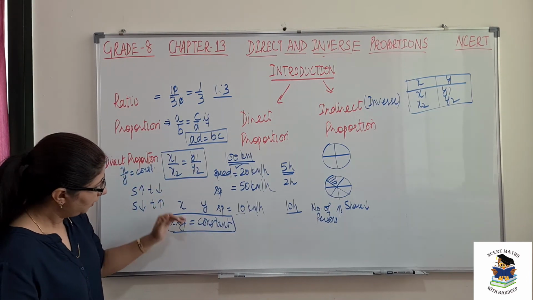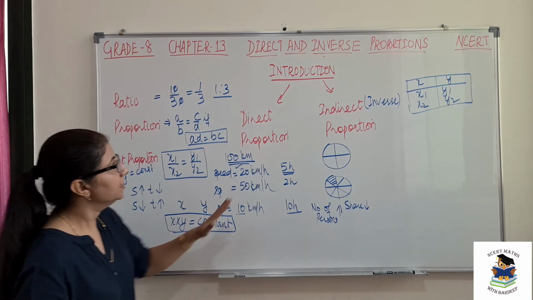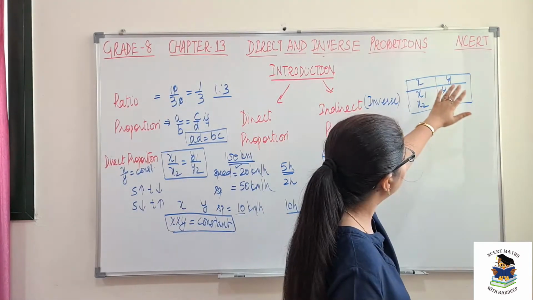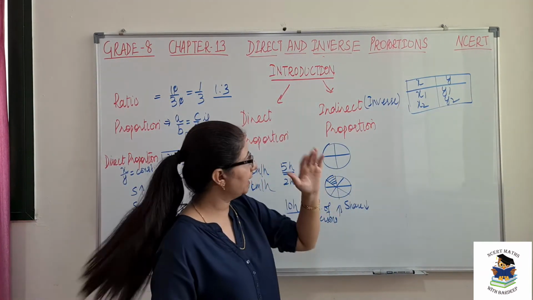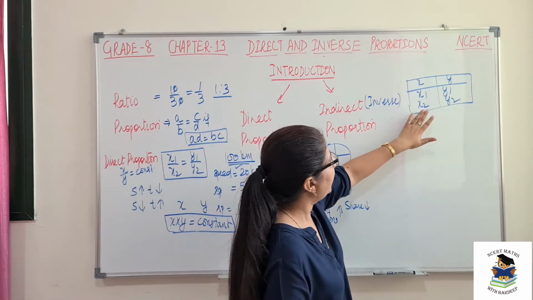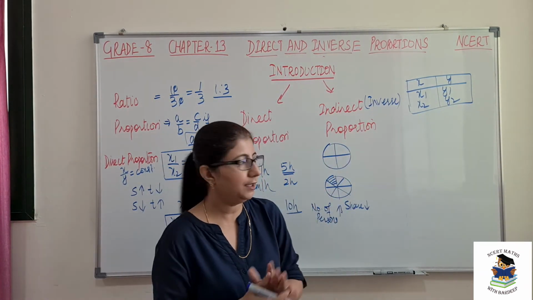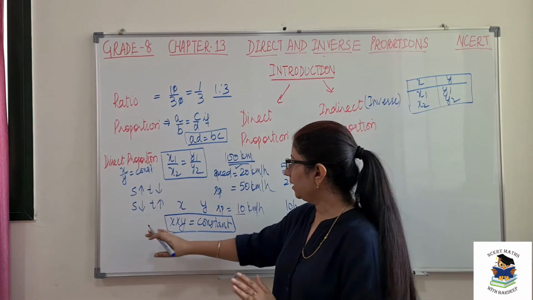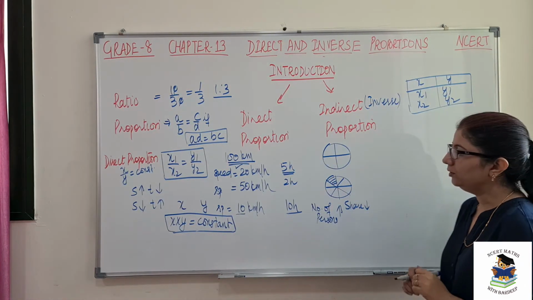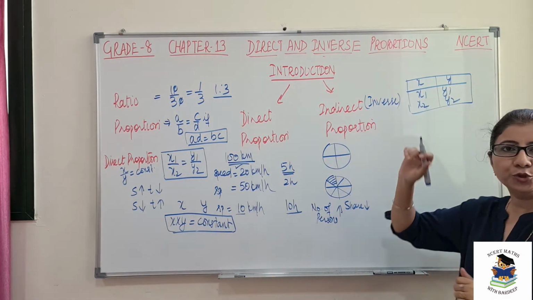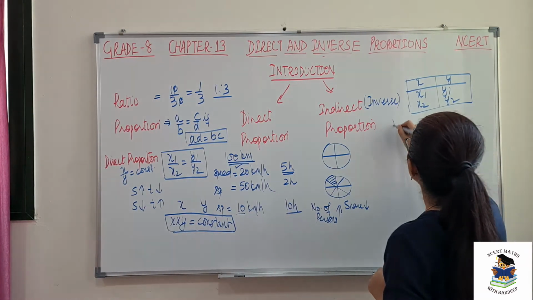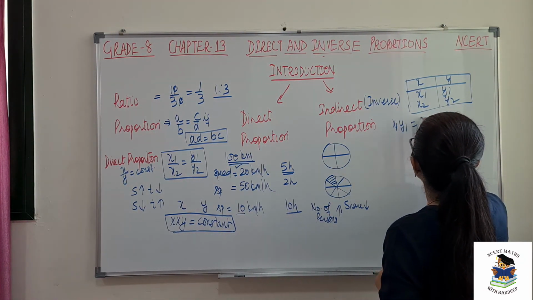So let's derive the formula from this. Here again x1 and y1 as one row of the table, x2 and y2 as another data. For this data to be in indirect or inverse proportion, their product should be constant. So that means x1 into y1 should be constant.